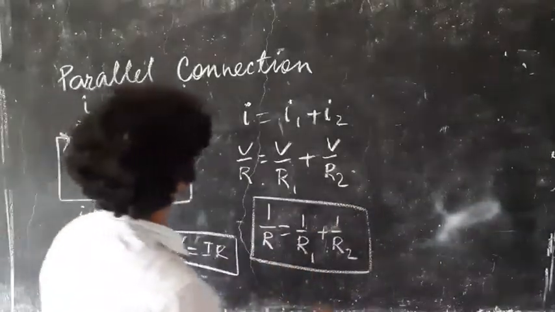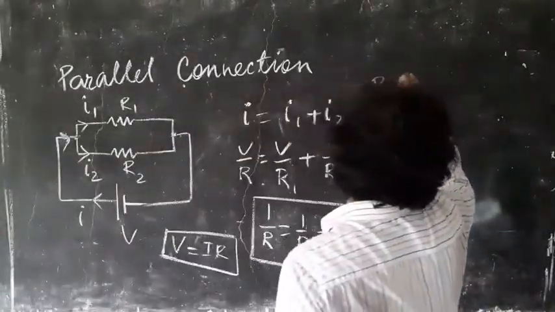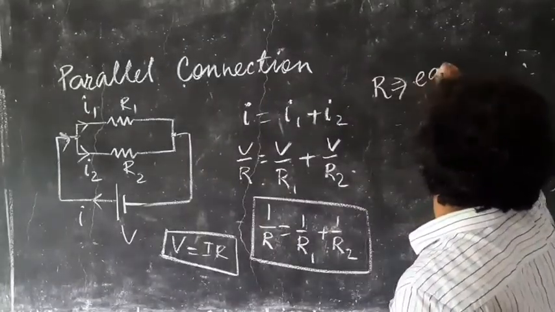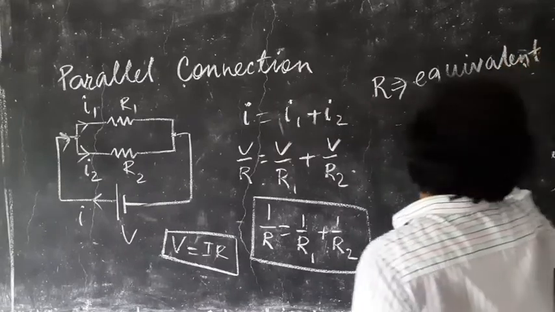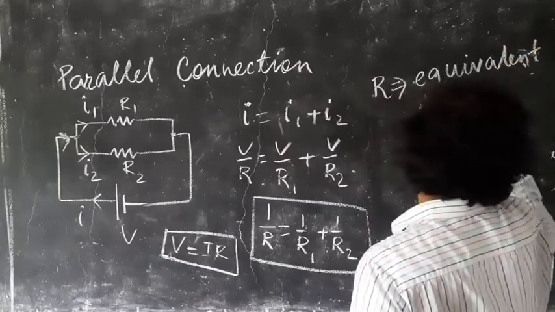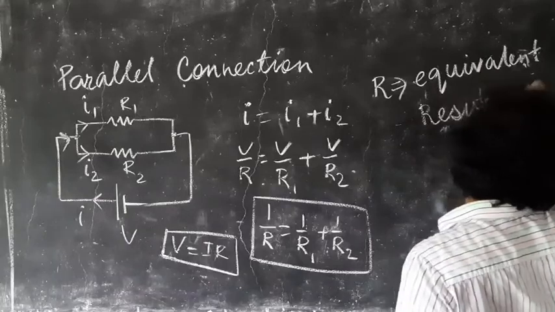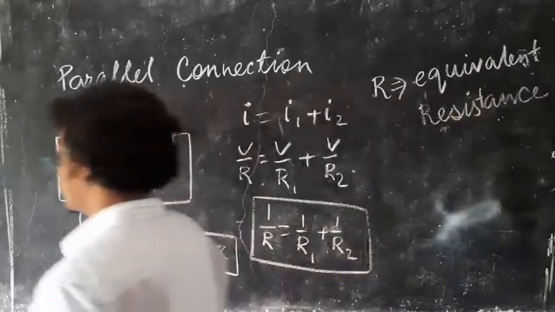What is R here? R is the equivalent resistance of the circuit.